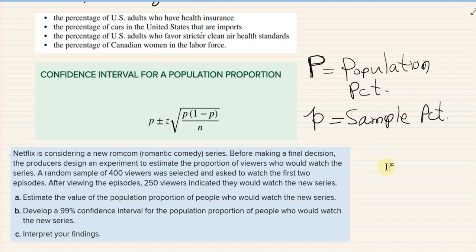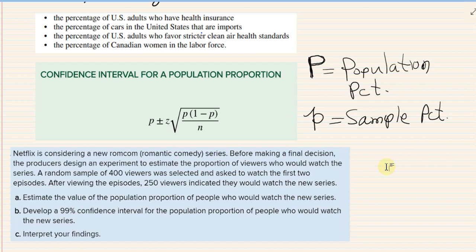A random sample of 400 viewers was selected and asked to watch the first 2 episodes. After viewing the episodes, 250 viewers indicated they would watch the new series. So in part A, we want to know the estimate of the value of the population proportion of people who would watch the new series.